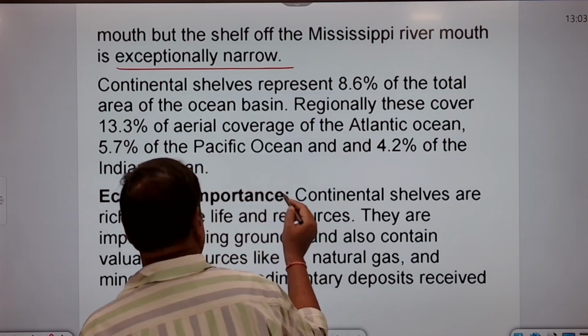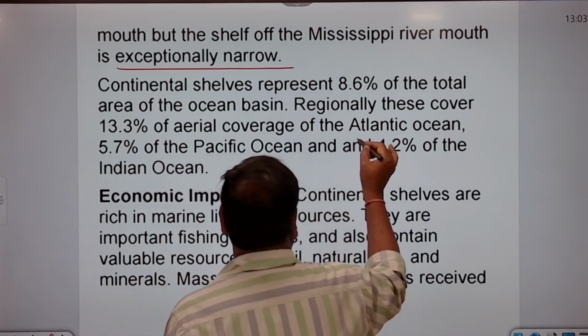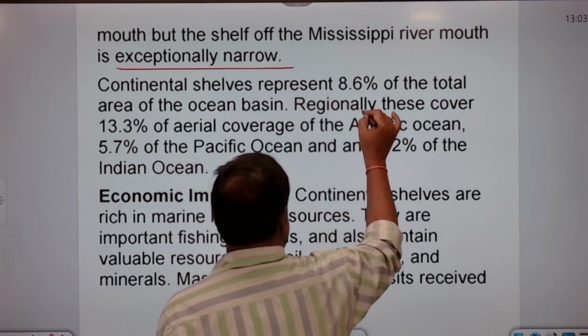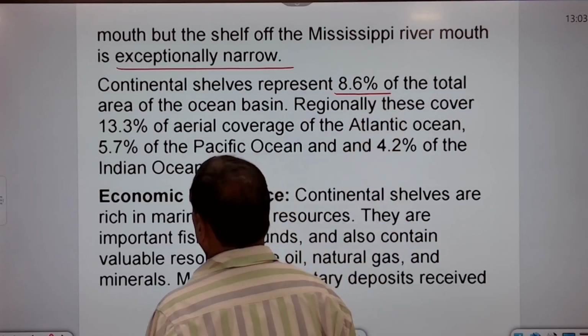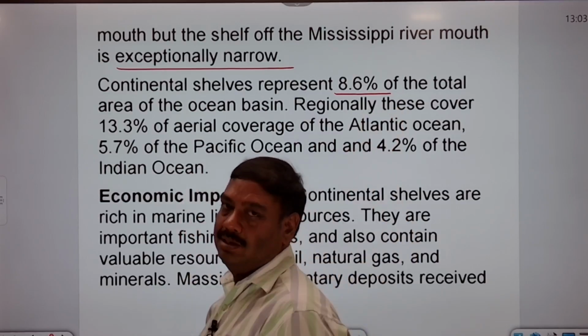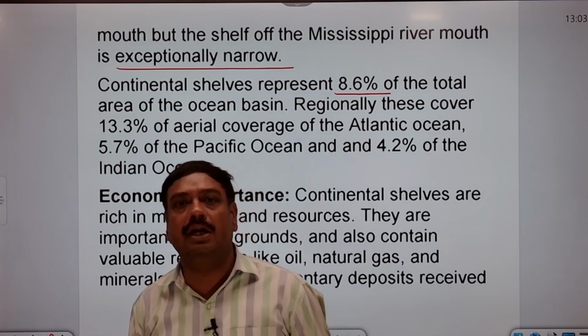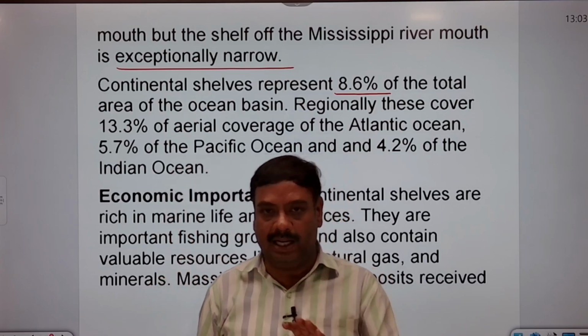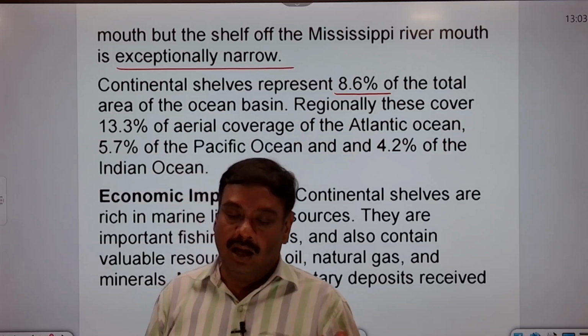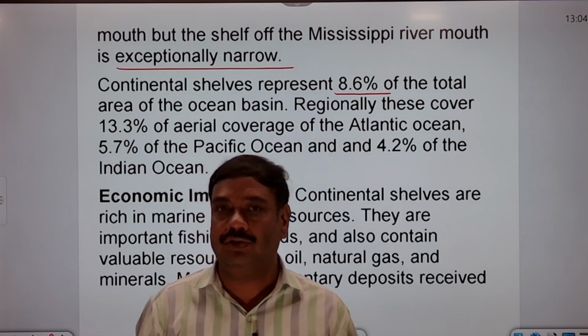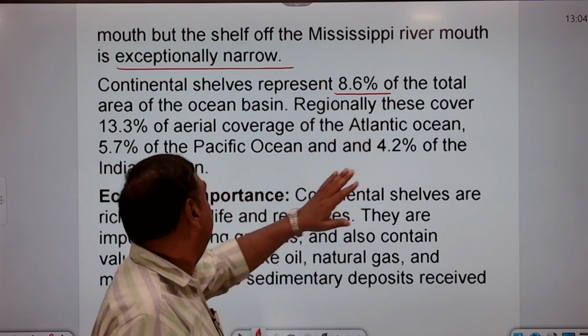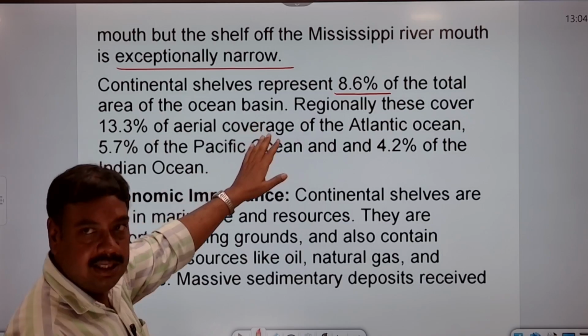Now, here we have to discuss the distribution of the continental shelf in the oceanic water. Including all the major oceans, like the Pacific Ocean, the Atlantic Ocean and the Indian Ocean, the average coverage of the continental shelf is 8.6% of the total area of the ocean basin.